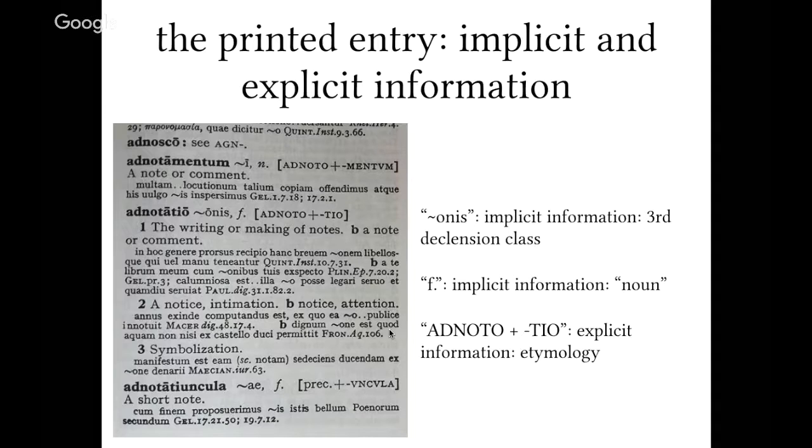The fact that we have this F in italics for feminine implies also the information that this word is a noun, which is not explicitly stated. And we have, on the other hand, the explicit information that the etymology of the word is ad-noto plus the suffix -tio, and we are supposed to understand that this is the etymological information because it is printed like this.